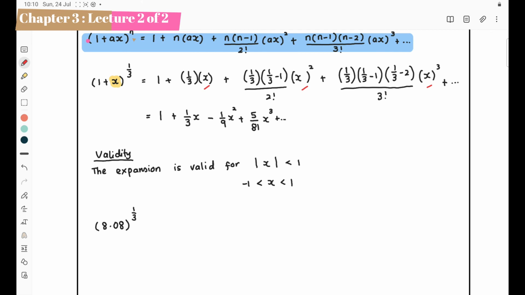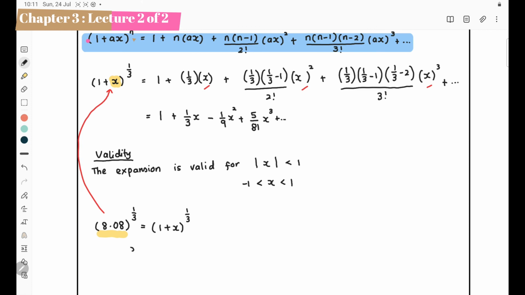First step, we try to compare 8.08 here to the 1 plus x, since we have the same power 1 over 3. By doing so here is what I have, 1 plus x to power 1 over 3.